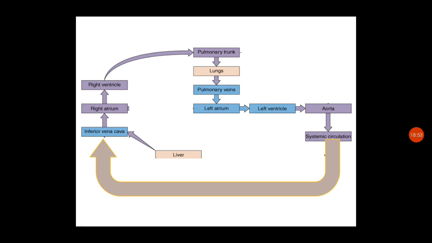The pure blood is carried into the pulmonary veins and taken into the left atrium, then into the left ventricle, and from the left ventricle the aorta takes the pure blood and it is circulated through the systemic circulation. The venous blood comes back again to the inferior vena cava and the superior vena cava, and the circulation continues.